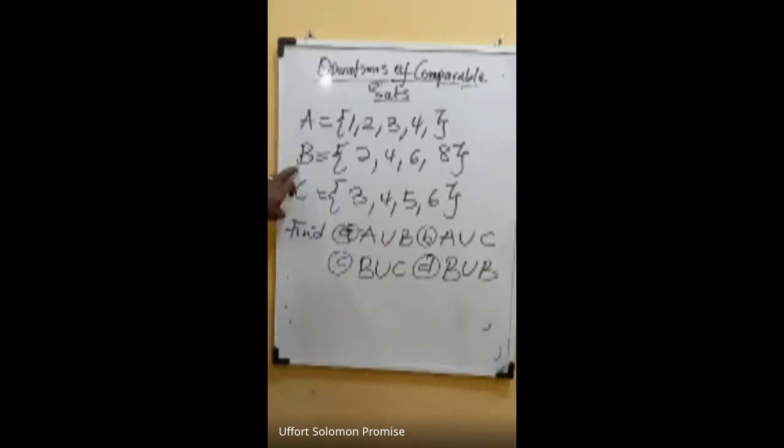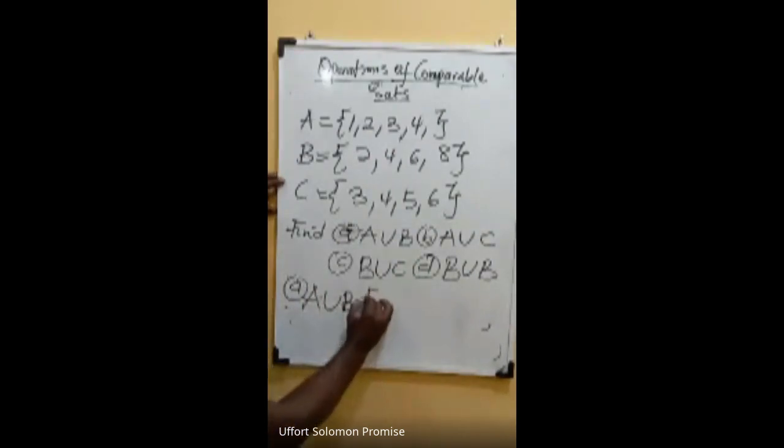A union B is the elements in A together with the elements in B, ignoring the repetition. So let's answer A now. If you look at it, we start from 1.